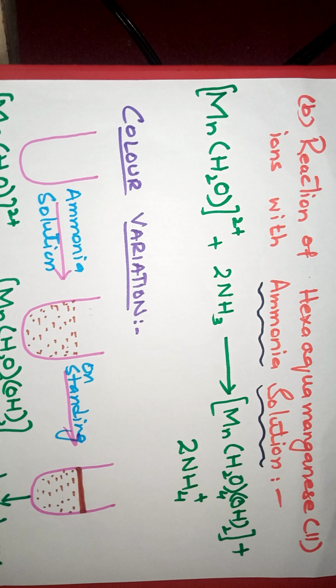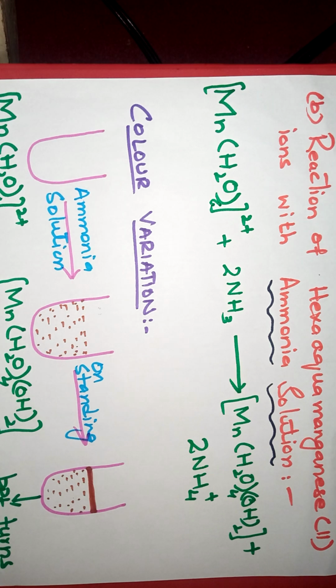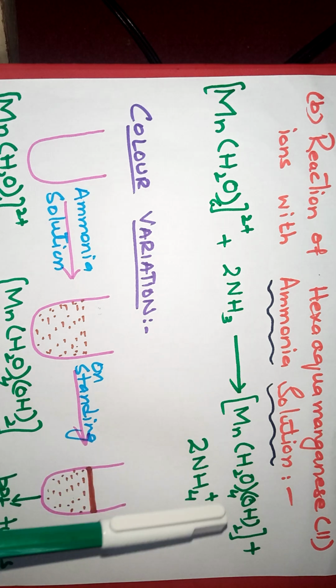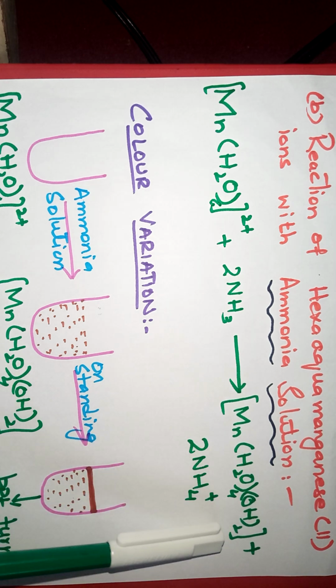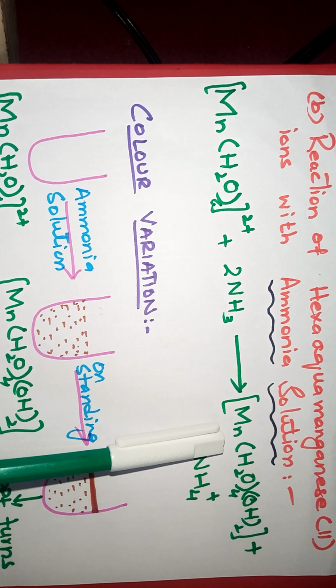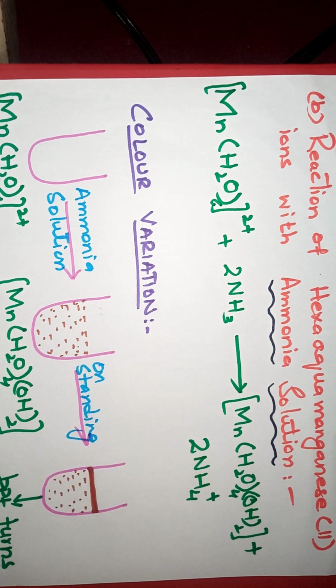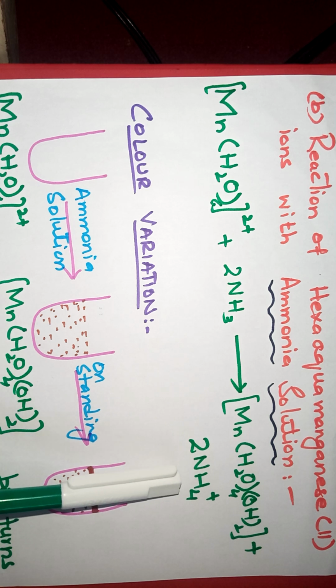Let's see. Hexa-aqua manganese 2 ions are reacting with ammonia, and it is converting to tetra-aqua dihydroxy manganese, which is neutral, insoluble, and it forms precipitates along with ammonium ions.